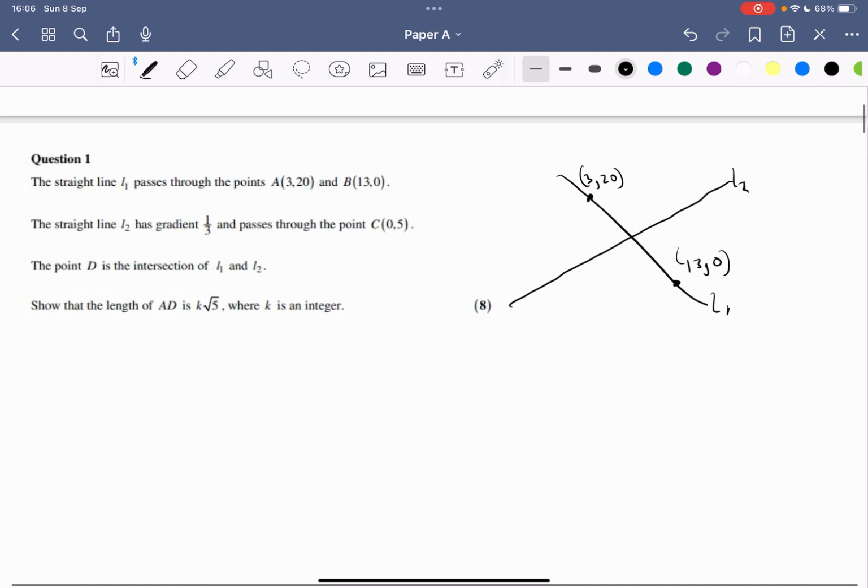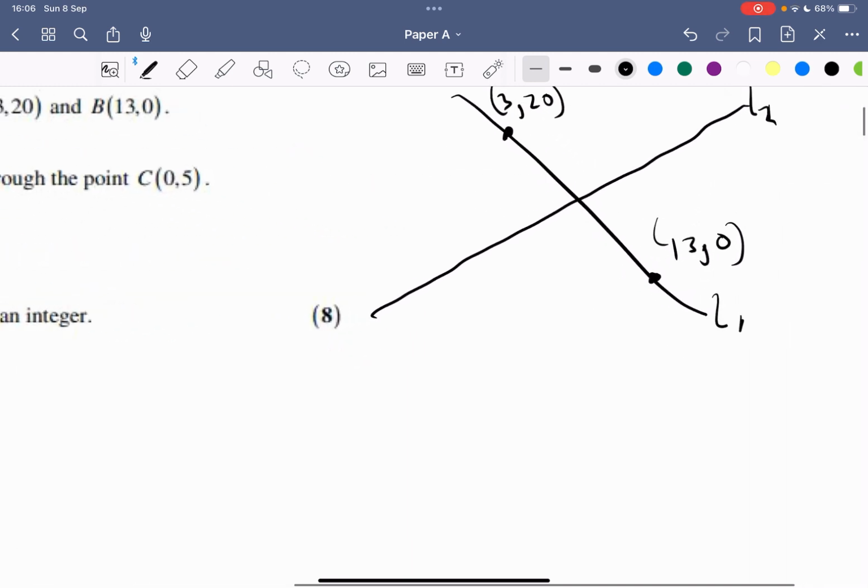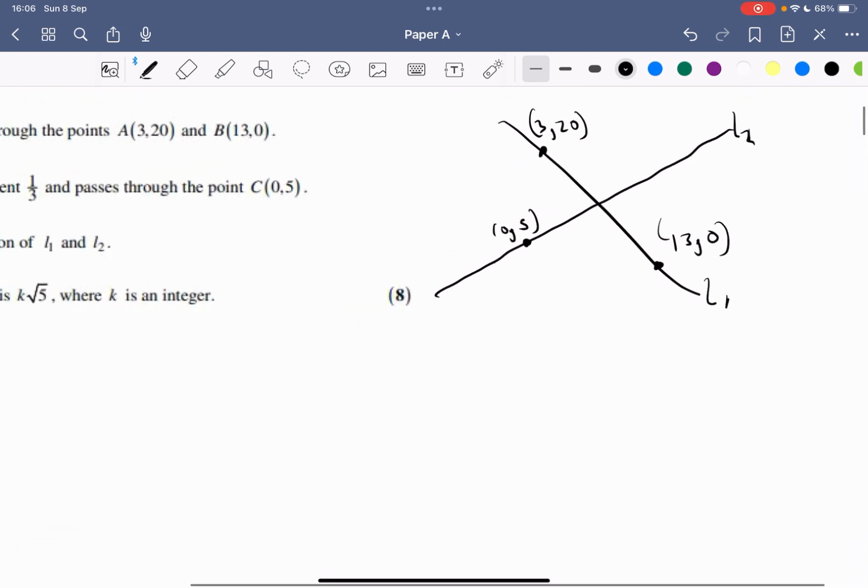And then L2 passes through the point 0,5. So let's just say that's somewhere around here. 0,5. Okay. Now this point D is the intersection, and essentially they're saying that this distance is k root 5. So we need to find out what k is.